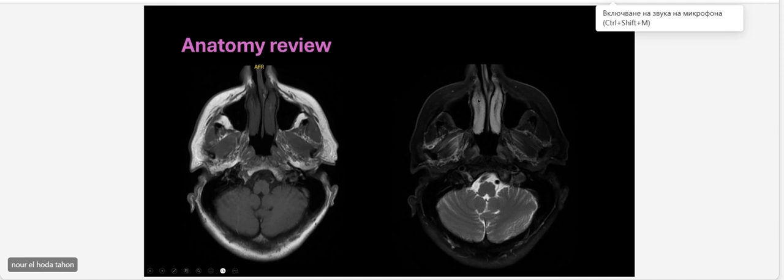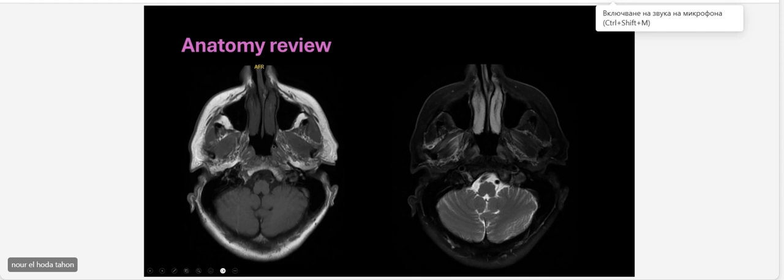It has a lot of fluid, so it's bright here, and dark here on T1. And these are the muscles, like in the masticator space. You can see part of the bone here, and the cortex of the bone is very dark, because here in T1 it is very dark, and the fat is suppressed. You can note the difference.